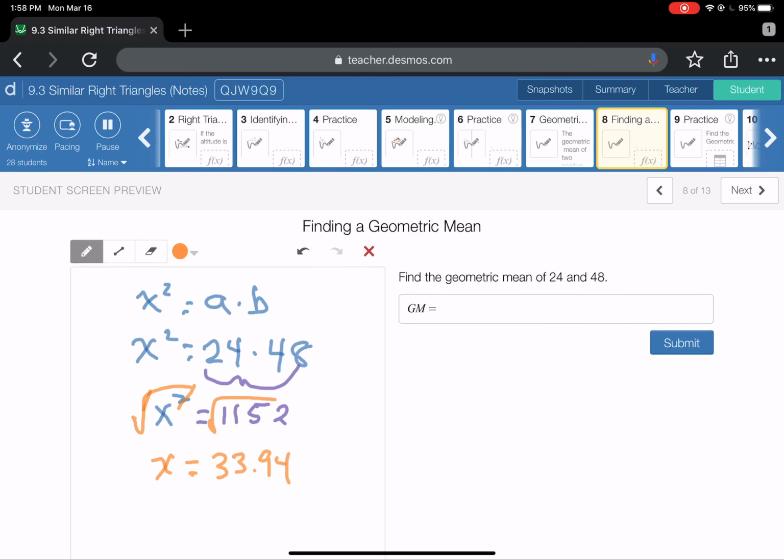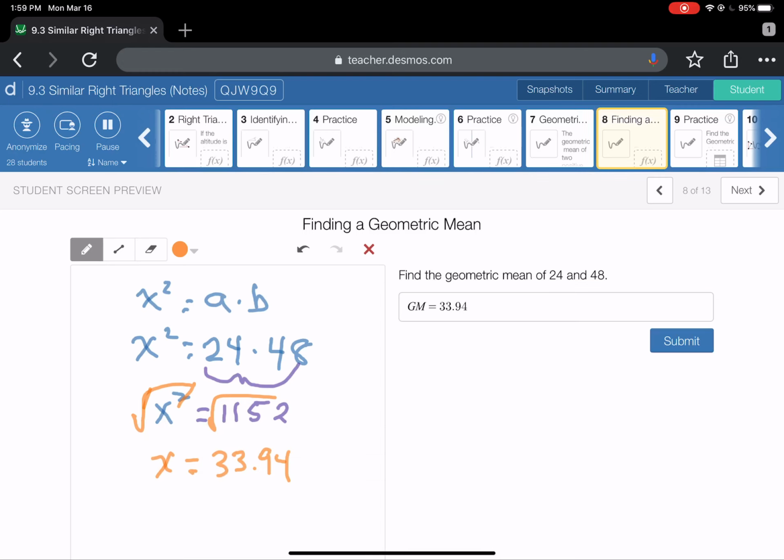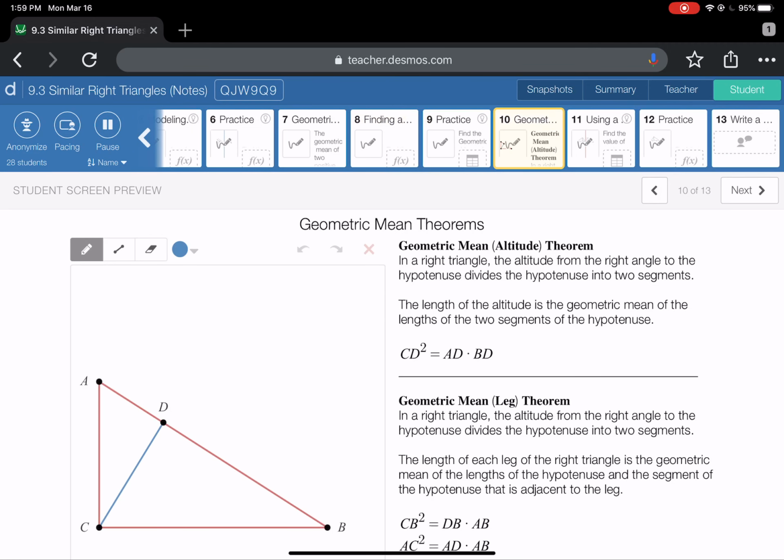All right, and that would be the geometric mean of our numbers 24 and 48, 33.94. Your geometric mean should always land in between both of your values, so 24 and 48. If you get anything larger or smaller than 24 or 48, then that means you did some calculation incorrectly.